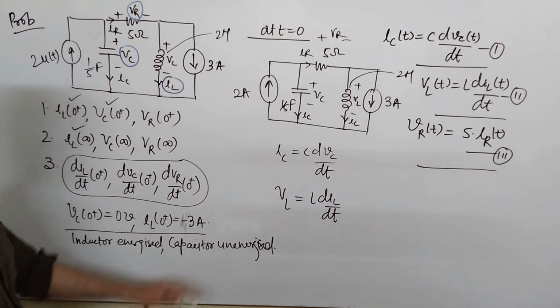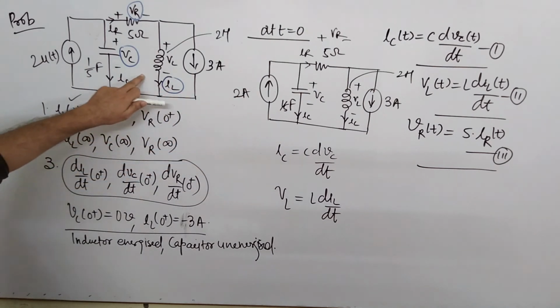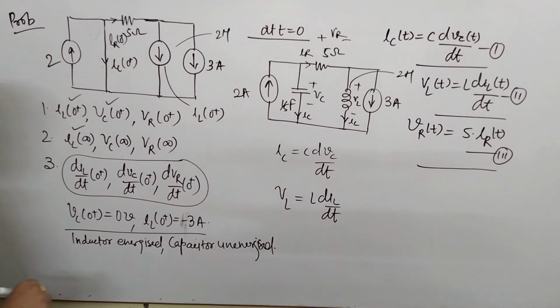Now what I am doing, I am drawing this circuit at t equal to 0 plus. Please see. So now this is our circuit. We have redrawn our circuit. Now one by one we will find the conditions.